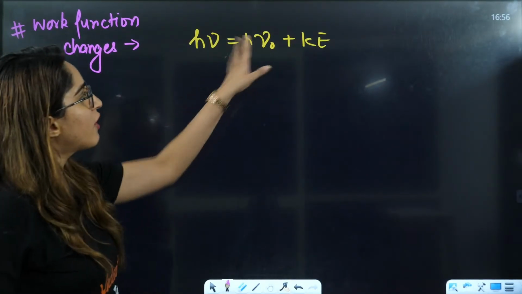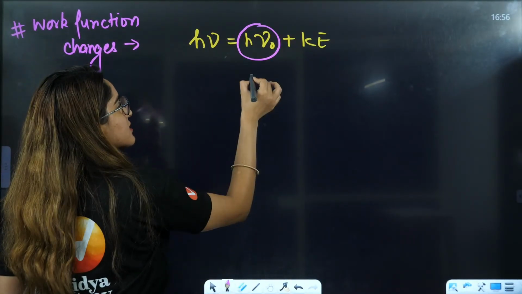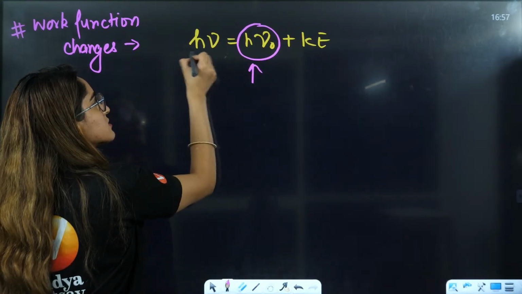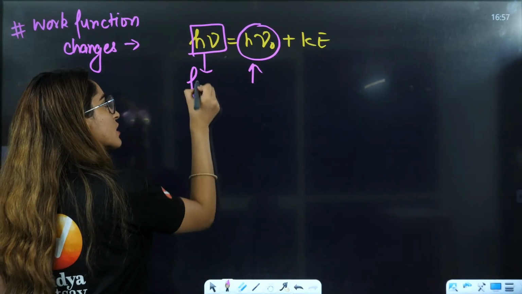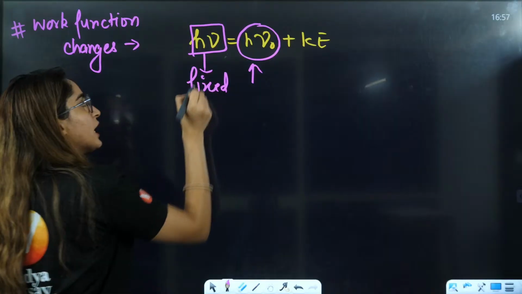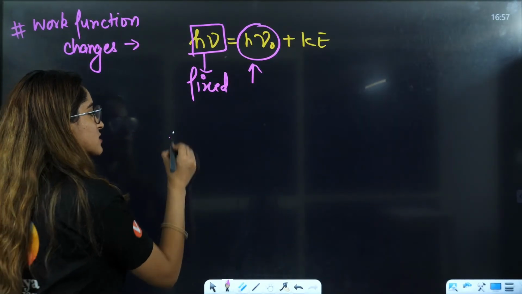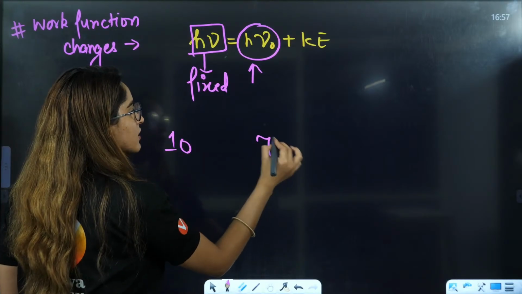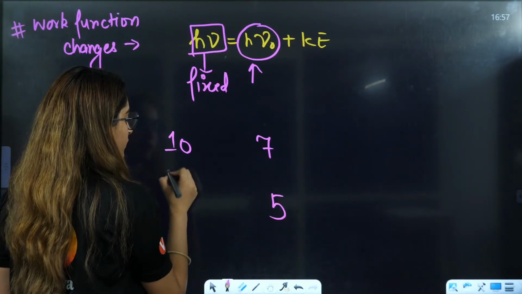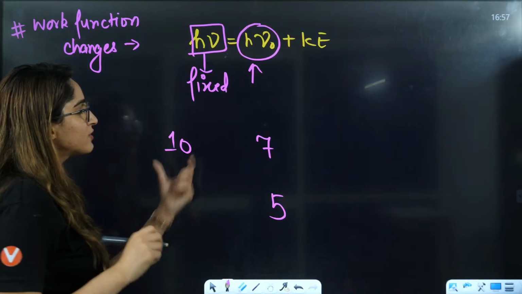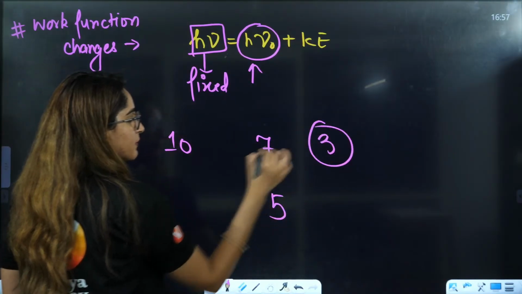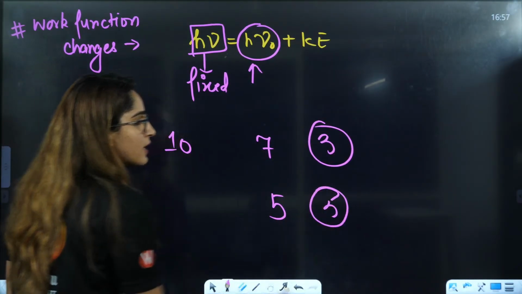If the work function is changing, let's say it is increasing, right? This is fixed. This I have fixed. If I fix this, if this increases, this is the same. Let's say this is 10. Earlier it is 7. Now it is decreased to 5. This is 10 only. So for this, the kinetic energy will be 3.